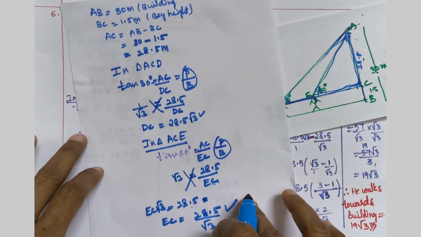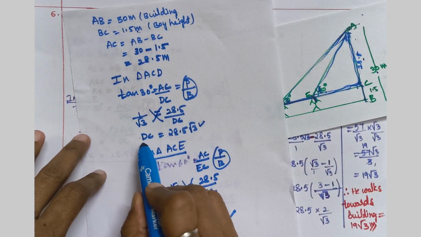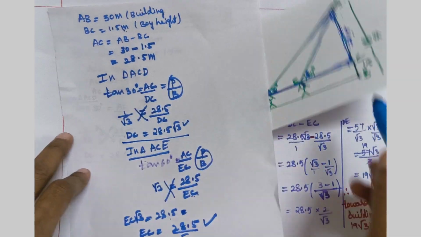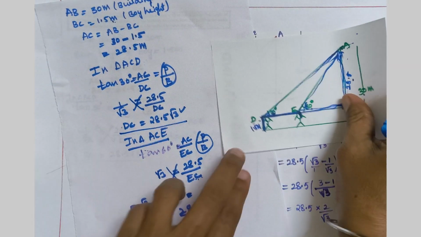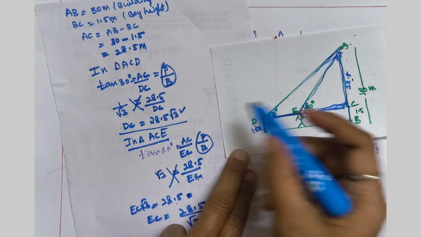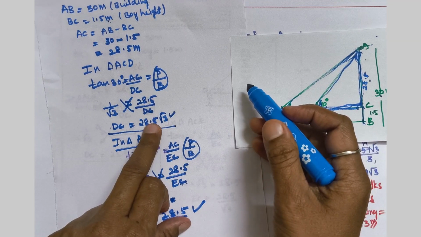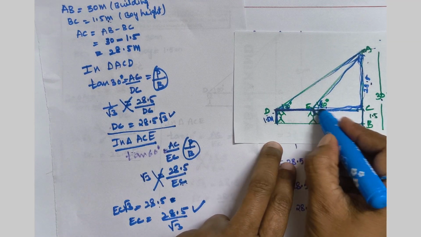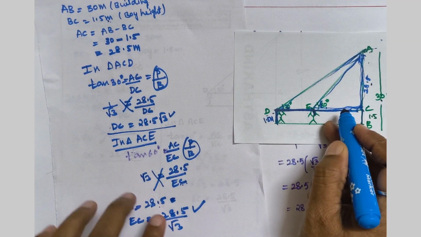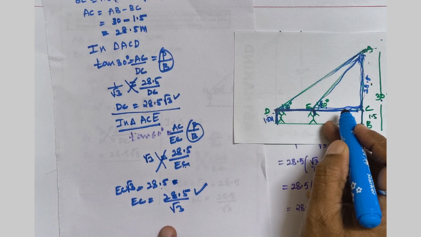Try to understand. The DC value is 28.5 root 3. Next the EC value is 28.5 divided by root 3.